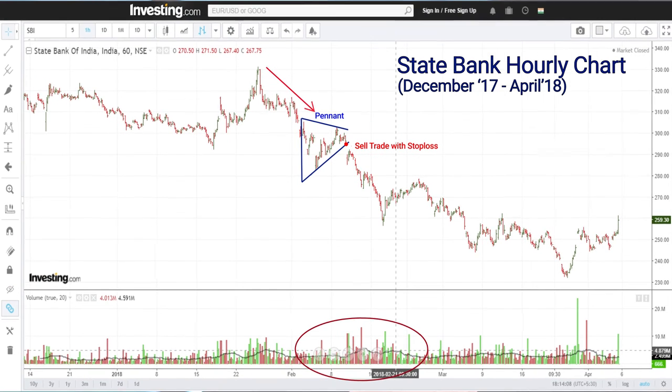So we were more assured that the down move that began after the breakdown from the pennant would be sustainable, and see how smoothly the down move happened, and the price went much below the potential target from the projection of the pole of the pennant.